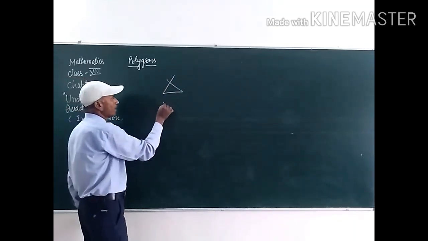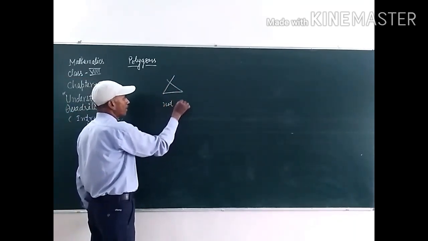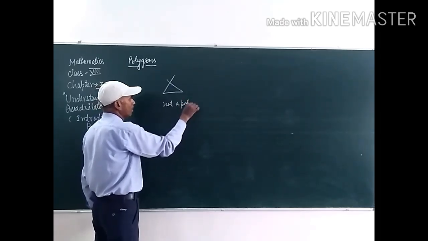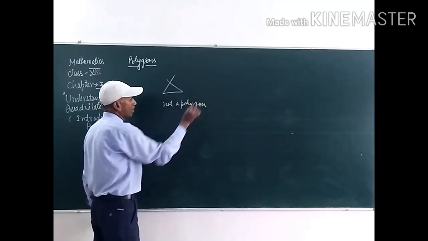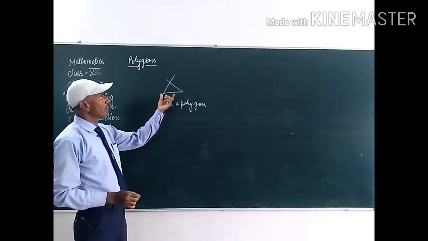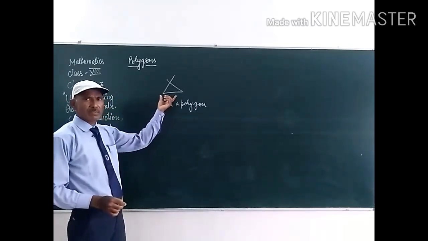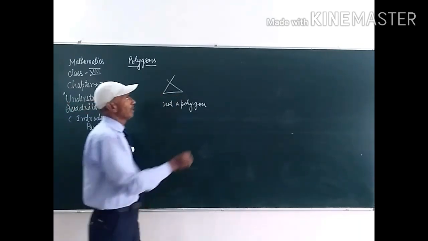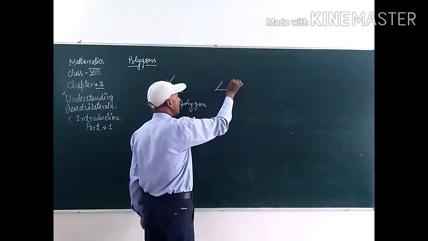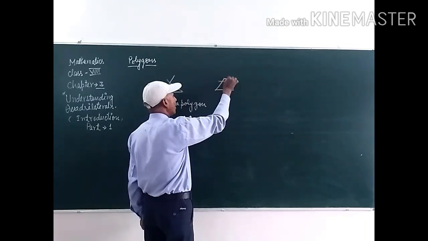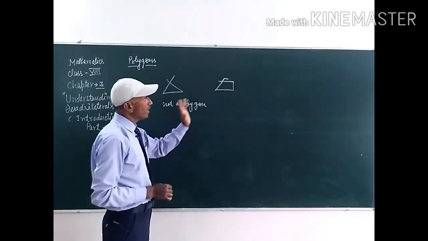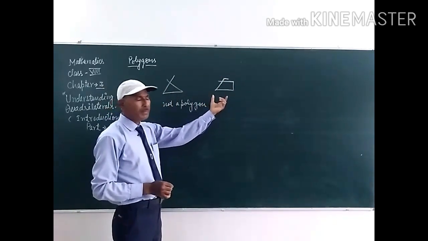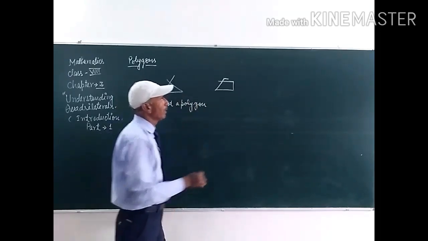Student, this figure is not a polygon. This figure is not a polygon because it is not a simple closed curve. This figure is also not a simple closed curve, therefore it is not a polygon.